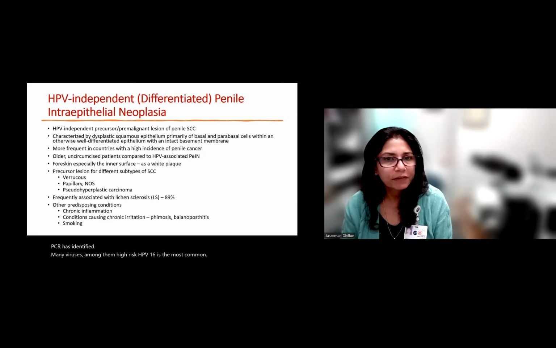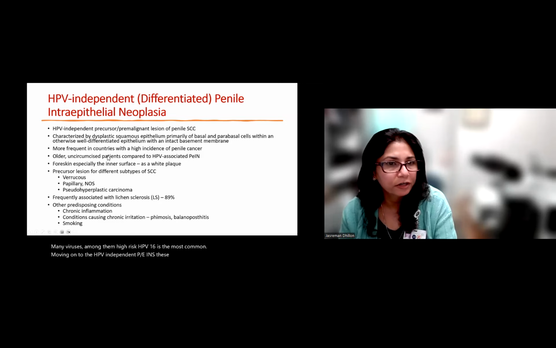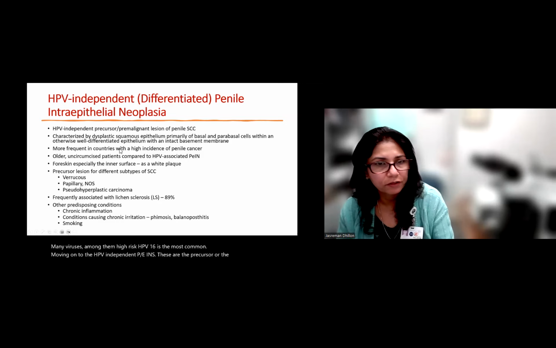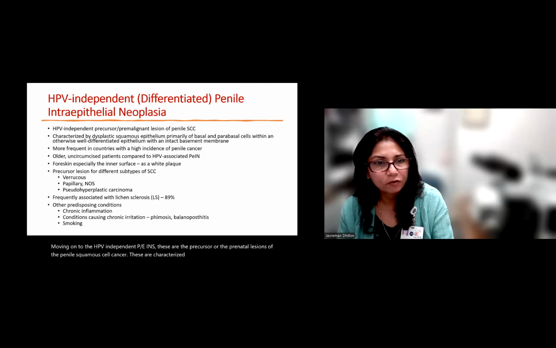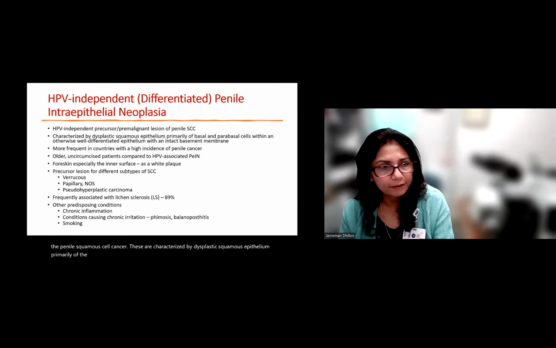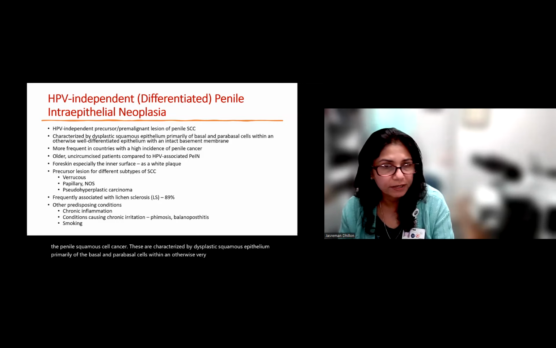Moving on to the HPV-independent PEINs, these are the precursor or pre-malignant lesions of penile squamous cell cancer. These are characterized by dysplastic squamous epithelium, primarily of the basal and parabasal cells within an otherwise very well differentiated epithelium with an intact basement membrane.